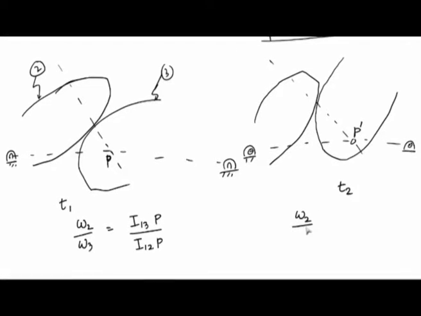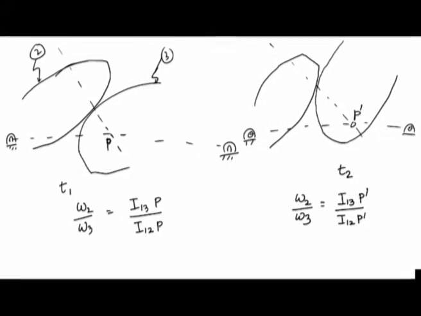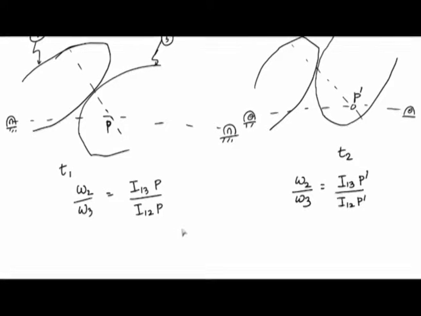So, at this instant omega 2 by omega 3 is again I13 P prime by I12 P prime. Note that in either case I13 and I12 do not change, but P changes to P prime.